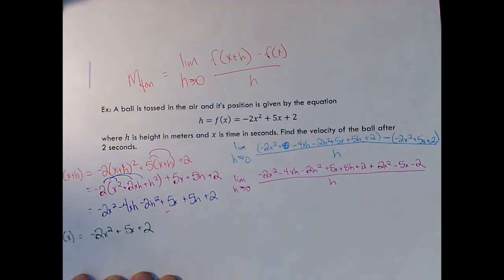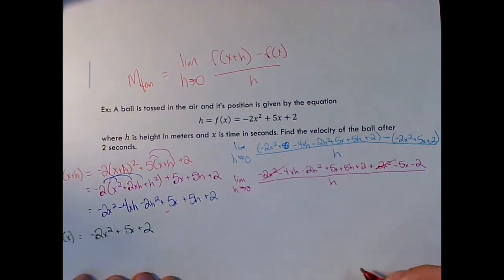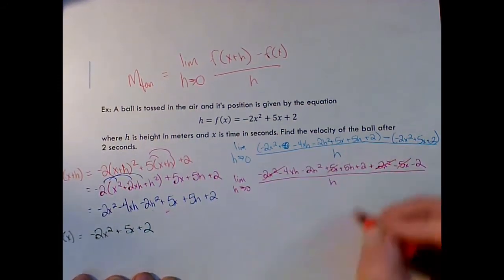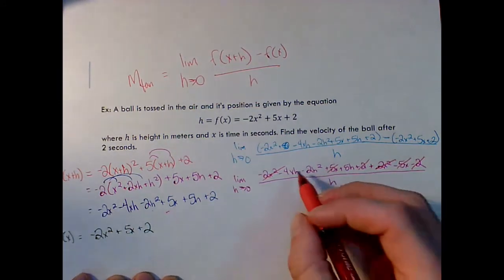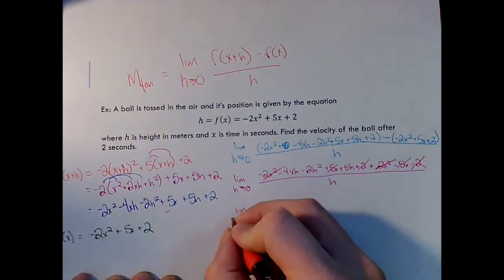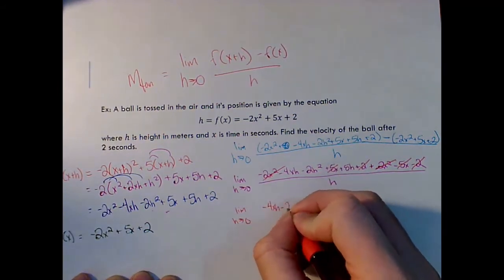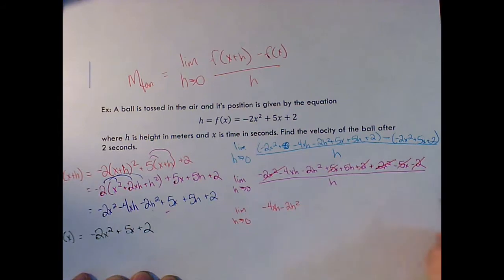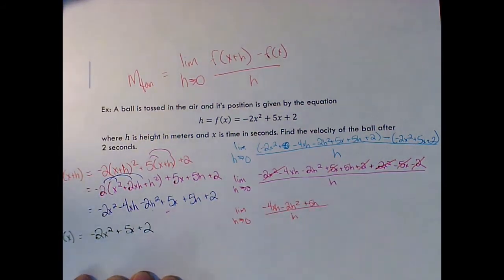As we know at this point, expect things to disappear. And what I'm left with is negative 4xh minus 2h squared plus 5h over h. Oh, look, there's an h in common with all of that. Who would have thought?